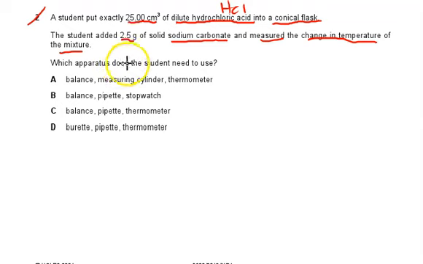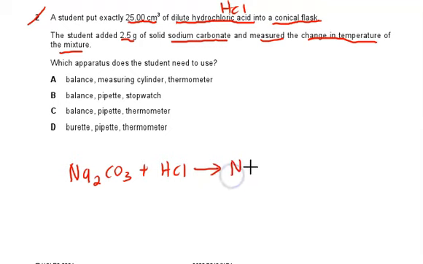Which apparatus does the student need to use? If you have a carbonate, obviously you will have carbon dioxide. So let us write down the formula: sodium carbonate plus hydrochloric acid gives sodium chloride plus carbon dioxide plus water. I don't balance it, because we just want to know the products.